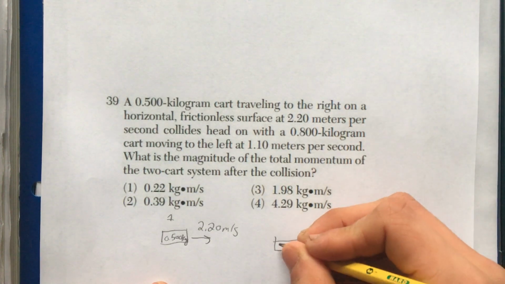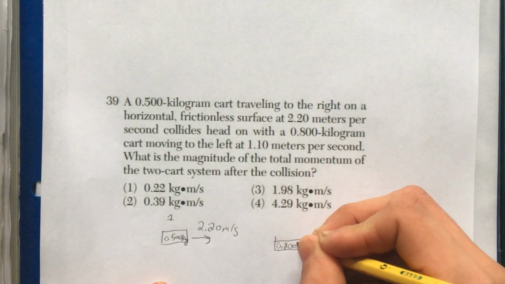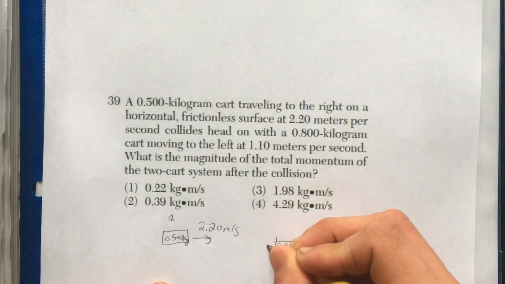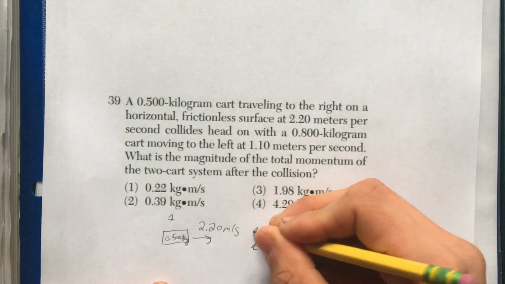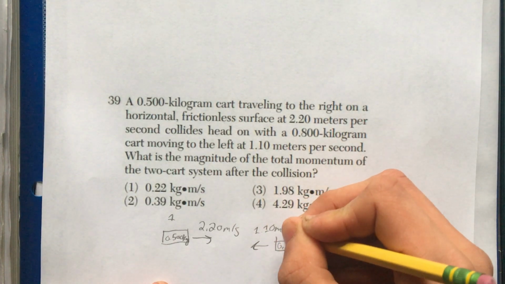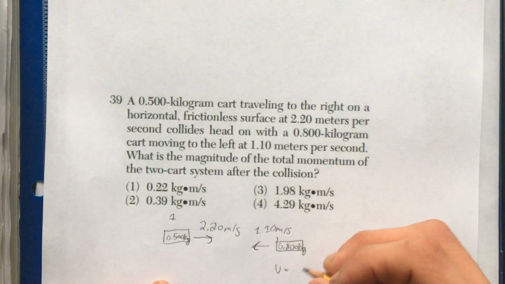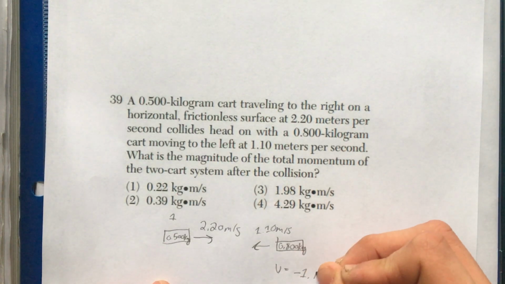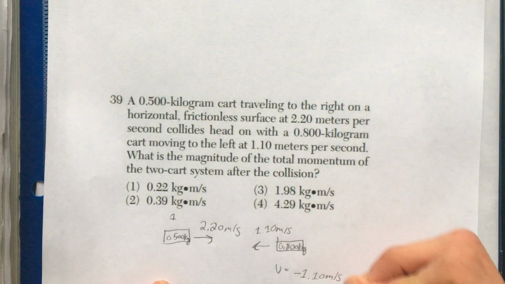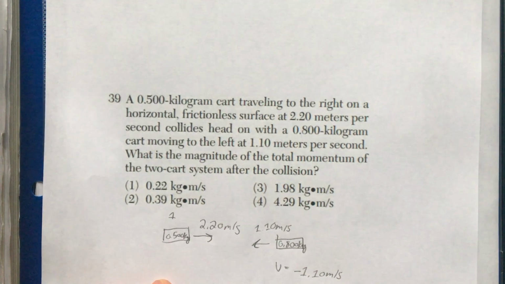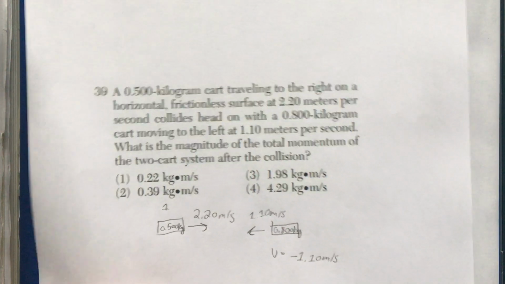Then the second cart, 0.800 kilograms, is moving to the left at 1.10 meters per second, meaning the velocity of this cart is going to be negative 1.10 meters per second, going with conventionally right being positive and left being negative.